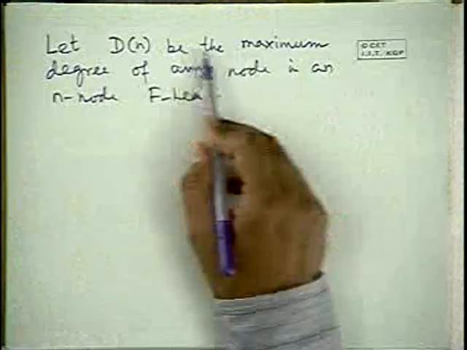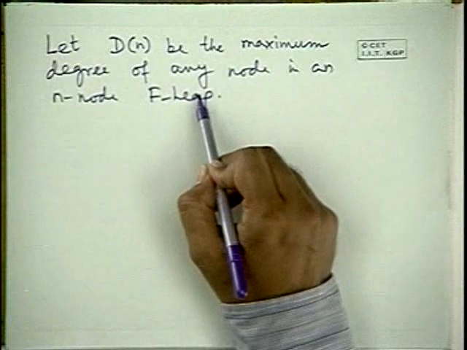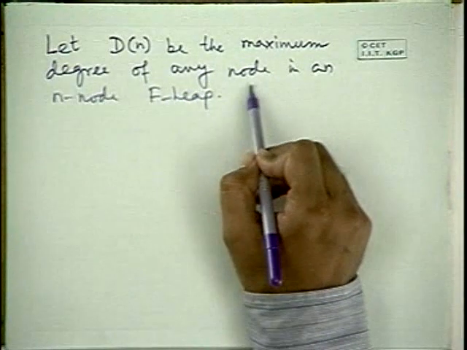So there cannot be more than Dn degrees, and plus 1, because that may spill over to the last one because of merging 2, we need one more. So we cannot have more than Dn plus 1 root nodes after this operation. Yes, I am assuming Dn to be the maximum degree of any node in a F heap with n nodes.